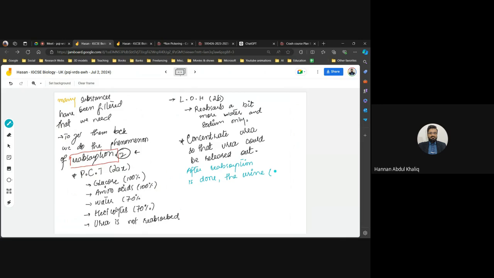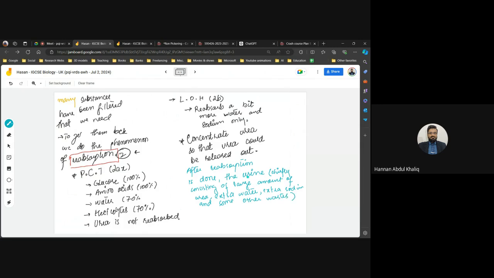The point that I'm about to write in bracket is the primary point of this line, chiefly consisting of a large amount of urea, extra water, extra sodium, and some other wastes.